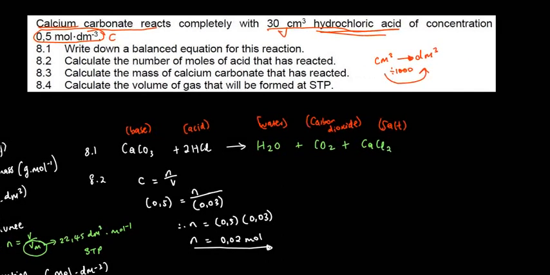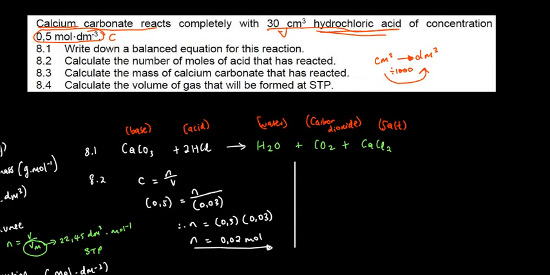Right, so that will be 8.2 there. And then for 8.3, calculate the mass of the calcium carbonate that has reacted. Now, remember the calcium carbonate is this one, right? I want you to check the question. Do you have any information given about calcium carbonate?